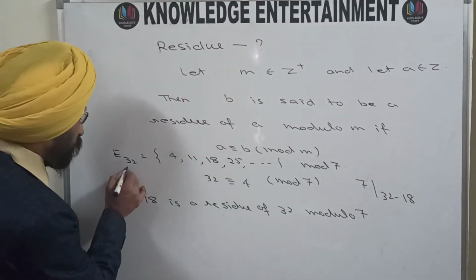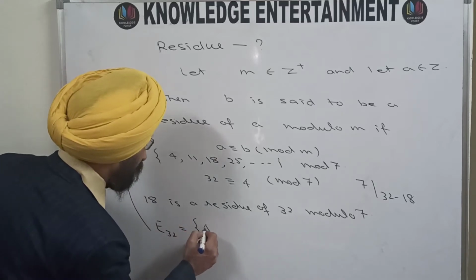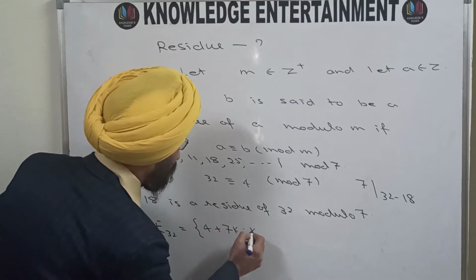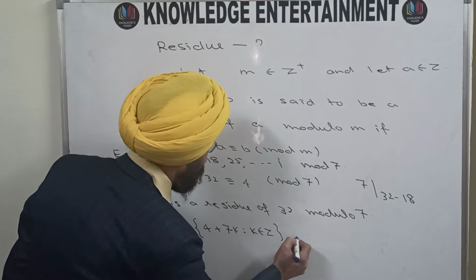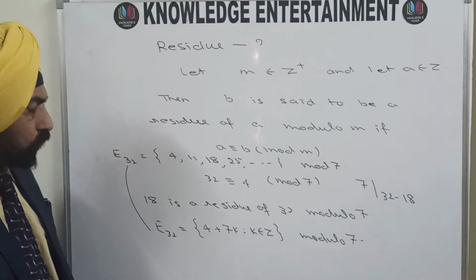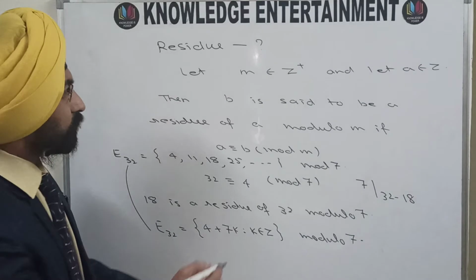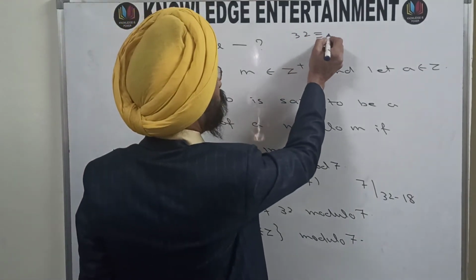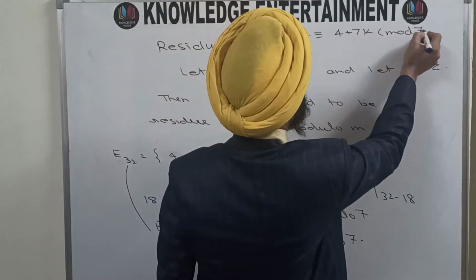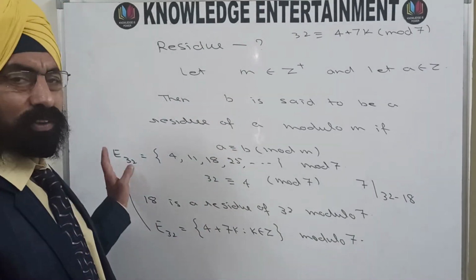In other words, this E32 is nothing but 4 plus 7k, where k is any integer. Because 32 is congruent to 4 plus 7k modulo 7, it is very much clear. So this is the residue class of 32.